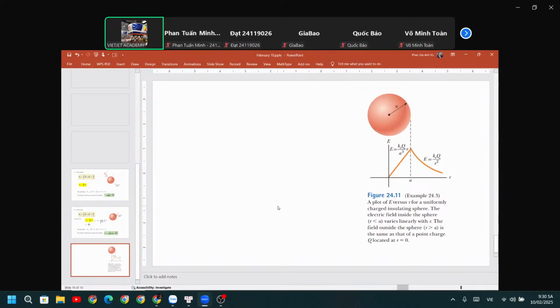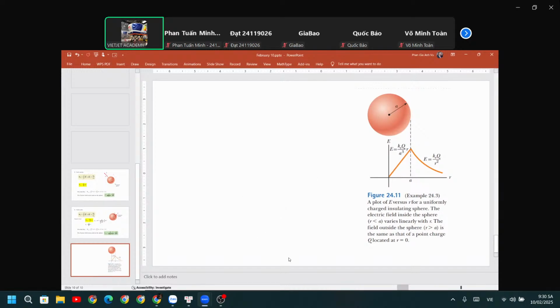Inside the sphere, when you go from the center of the sphere out, you have a linear function. But from the outside, from the edge of the sphere out, you have this one.